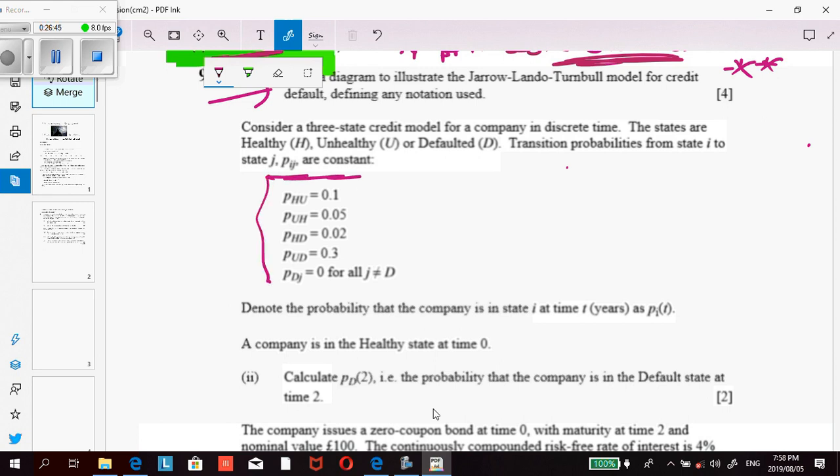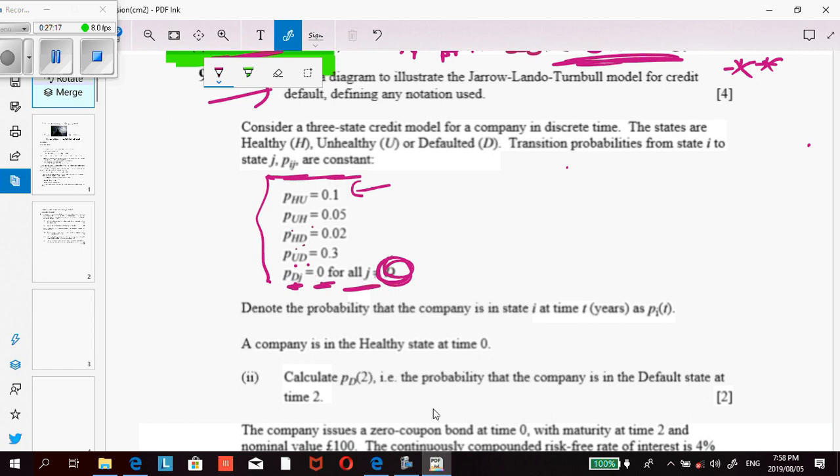So this is a transition probability from the healthy state to an unhealthy state, unhealthy to healthy, healthy to default, unhealthy to default, and from default to any other state which is not the default state, we're going to have a probability of 0.